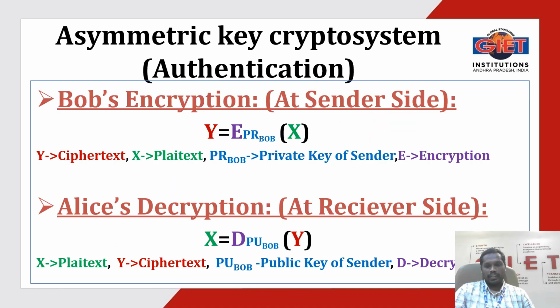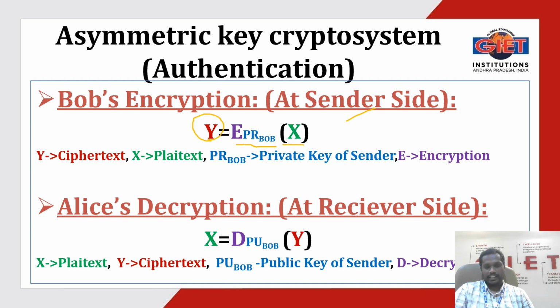Here you can see how the formulas, or mathematical representation, are represented under the authentication security service at the sender side as well as the receiver side. Here it is the sender side, which means Bob's side. We take the plain text X with the help of the private key of Bob. Using encryption, you get back the ciphertext.